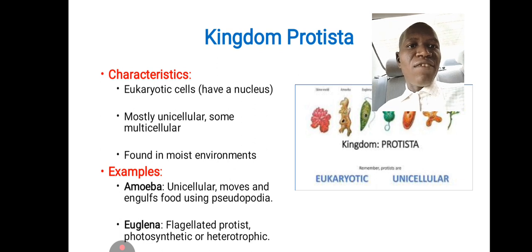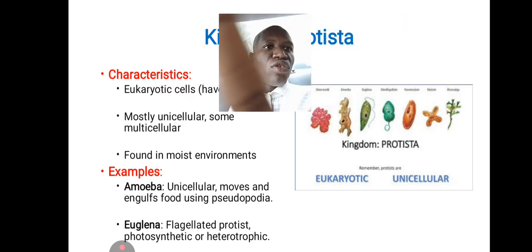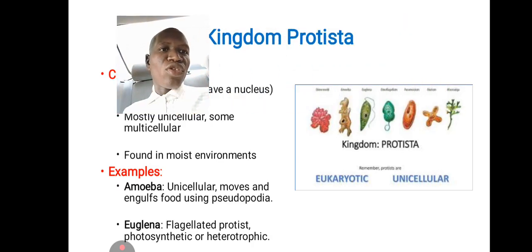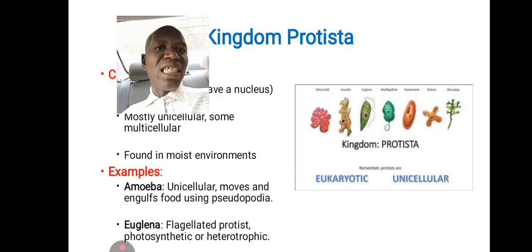Another characteristic is that they are found in moist environments. We have examples there: amoeba and euglena. See my picture. Those are examples of eukaryotic organisms that belong to the kingdom Protista.